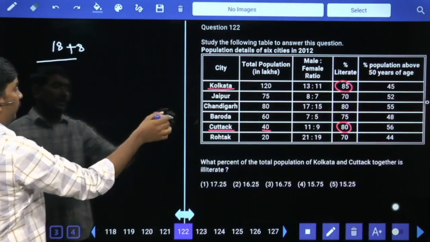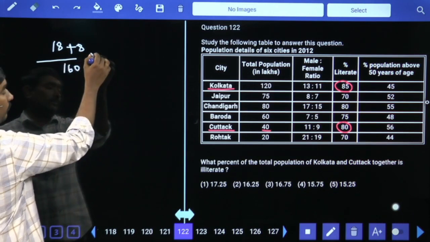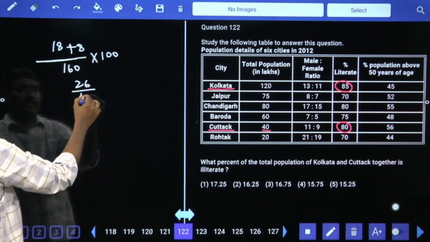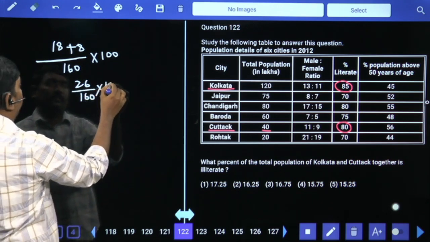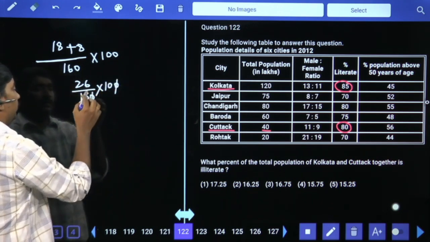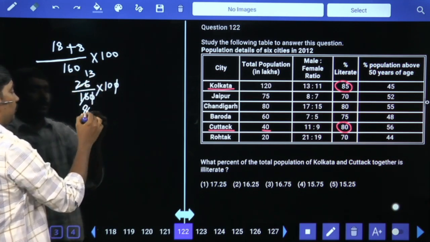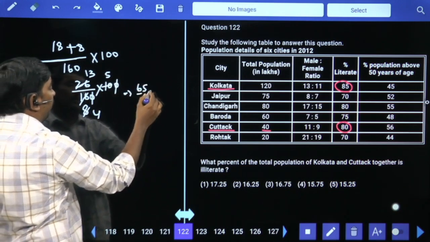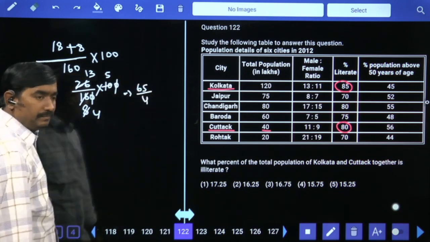Out of 120 plus 40, 160, 26 is what percent of 160? 65 by 4, 16.25.